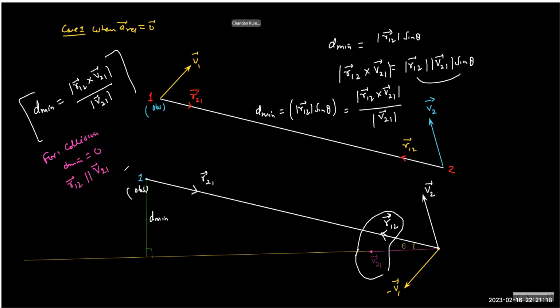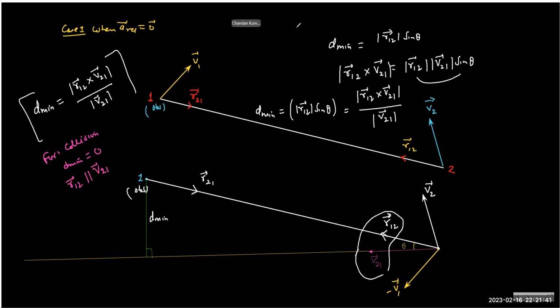Do you realize this? Which means V21 will go this way only. Then only it can hit. That's logical. If one is at rest and other is coming to hit you, then other must be moving directly towards you in your frame. Isn't it?